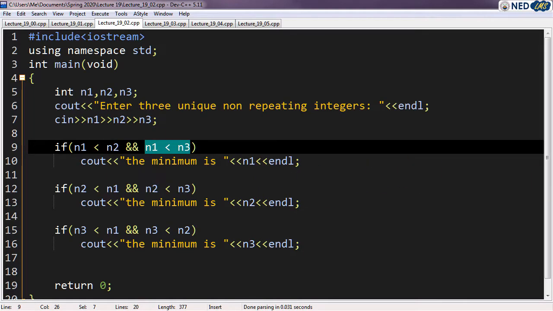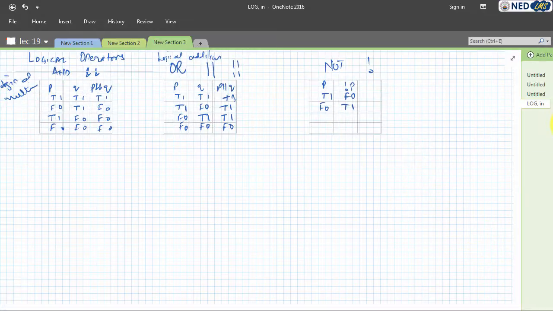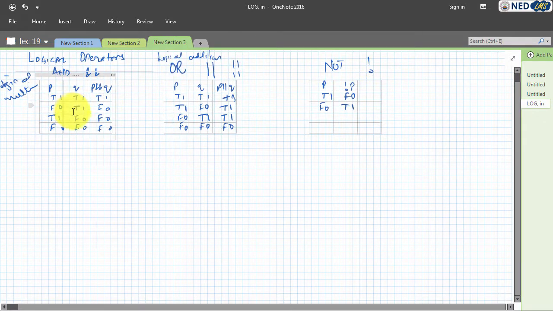As we have seen in the truth tables, the condition P and Q will be false if P is false, and in this case there is no need to evaluate Q, the second expression. Similarly, if P is true in P or Q, there is no need to evaluate Q, because P or Q is going to be true.